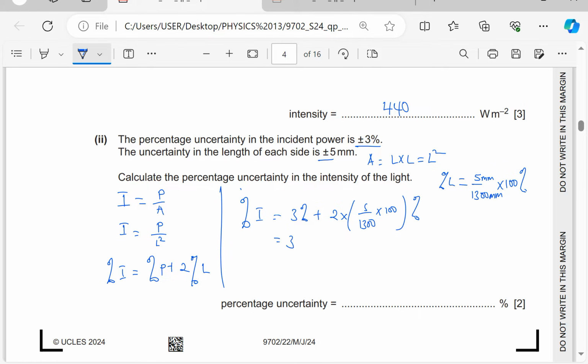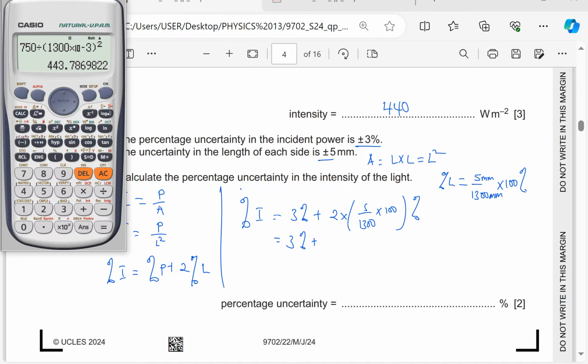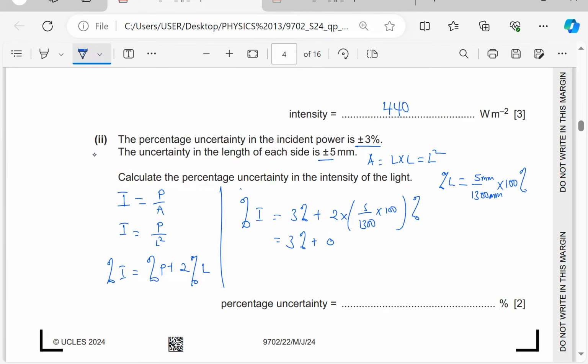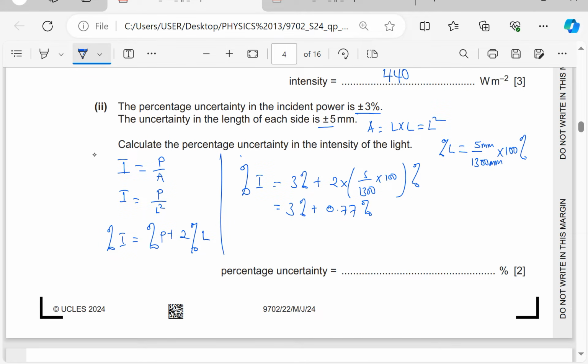On the calculator, 5 divided by 1,300, times 100, times 2 gives 0.77%. So when I sum this up, it is approximately 3.77%, or you can write 3.8. I'll write 3.77%.